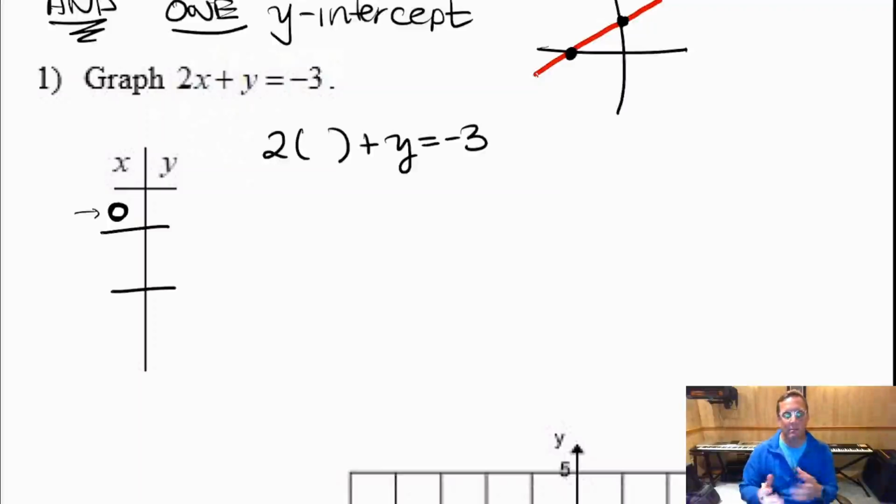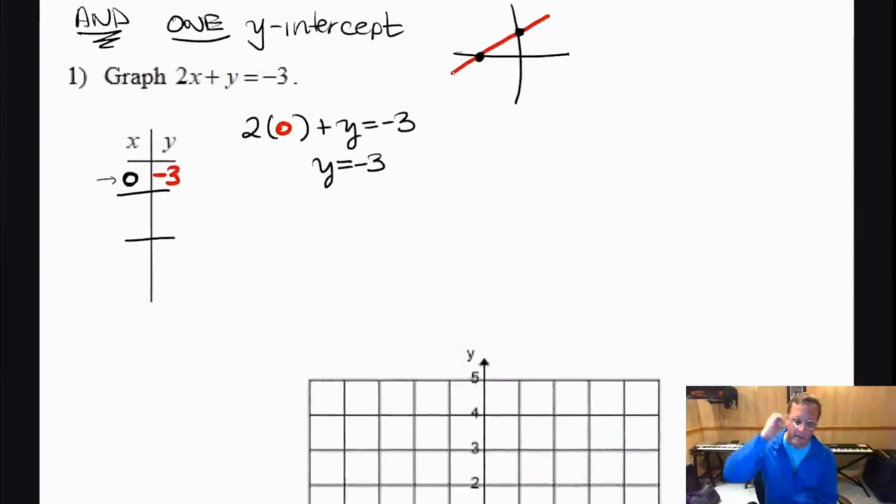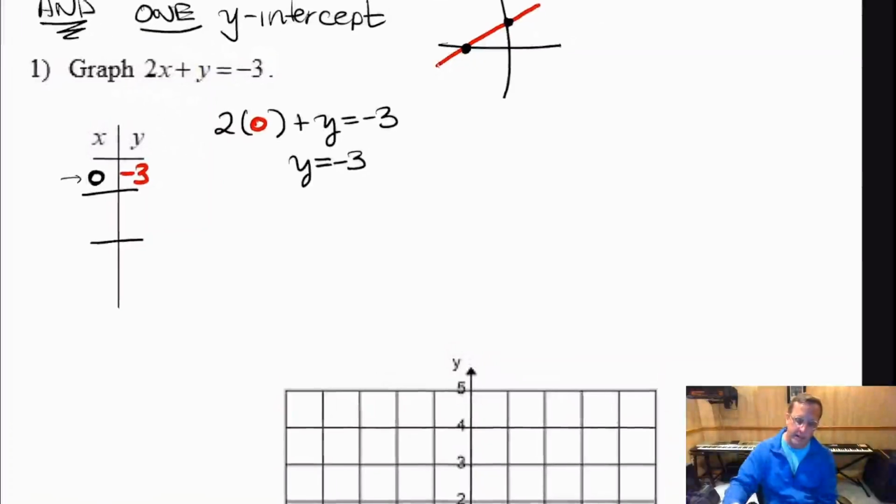And then the dependent variable, just by the name that's given, is going to depend on the x. So we're going to put in that value for x. So 2 times 0 is 0, and so that's just going to be y equals -3. So that's right there.